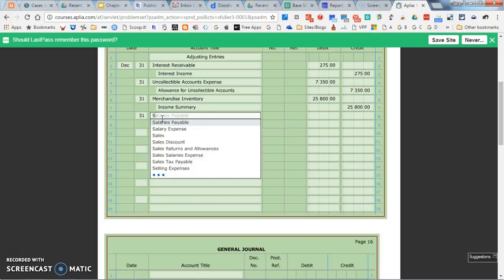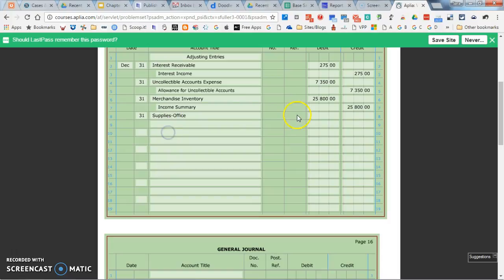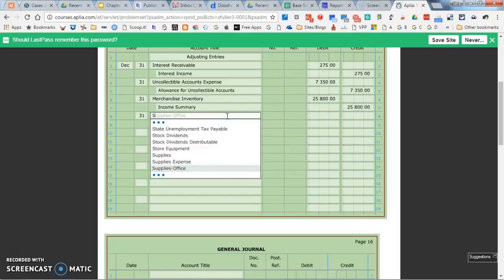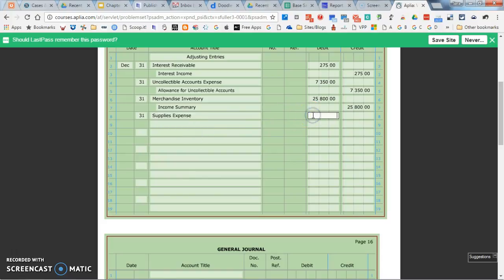Supplies expense. Debit of $2,300. Next line is supplies. Credit $2,300. Next adjustment date is the 31st.